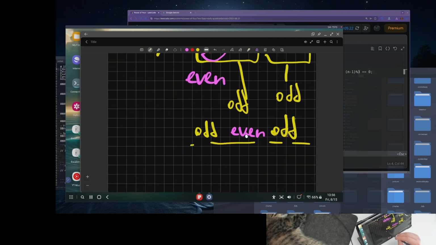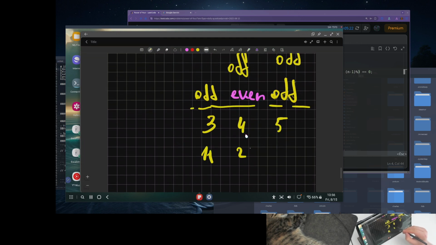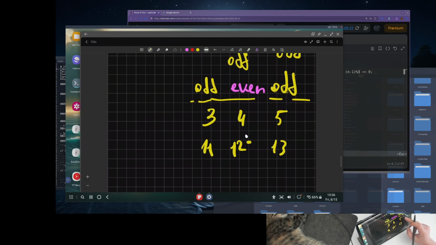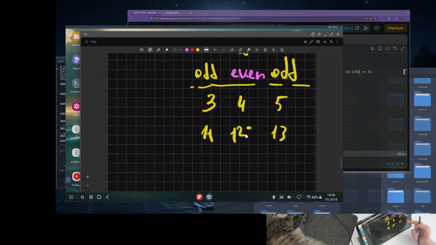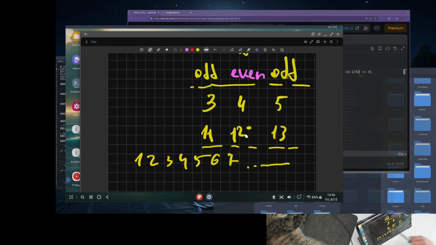So this is like a sequence of numbers, like 3, 4, 5, or 11, 12, 13, and so on. So any sequence of numbers, and this is another intuition of how we can use this. Imagine we have a sequence of numbers like 1, 2, 3, 4, 5, 6, 7, and so on, starting from 0, basically all the positive numbers.